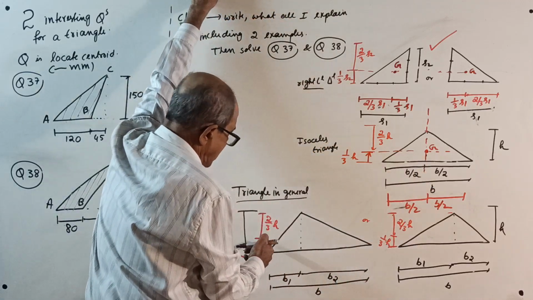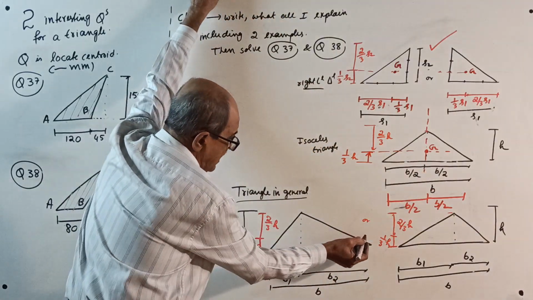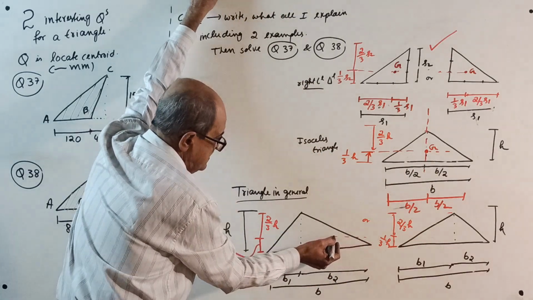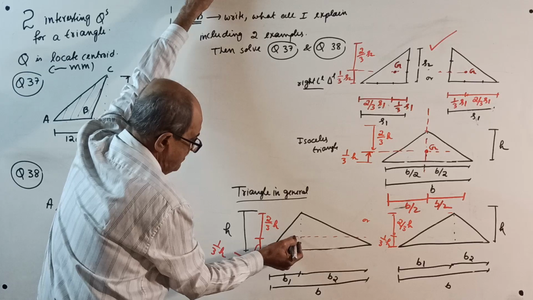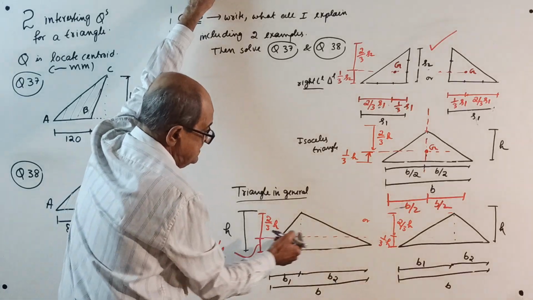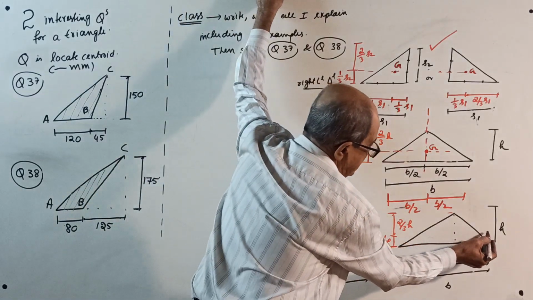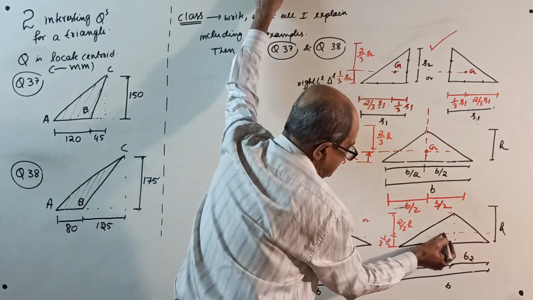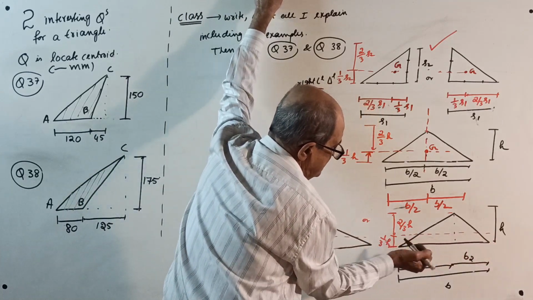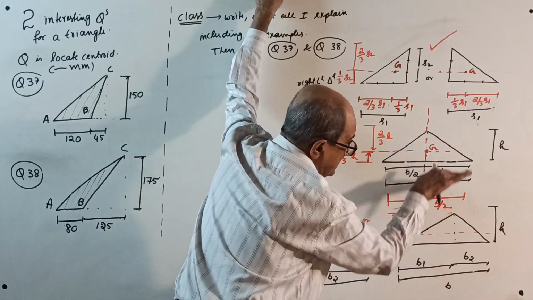But that will give you one line here. The centroid lies on this line. So this is 1/3 h.